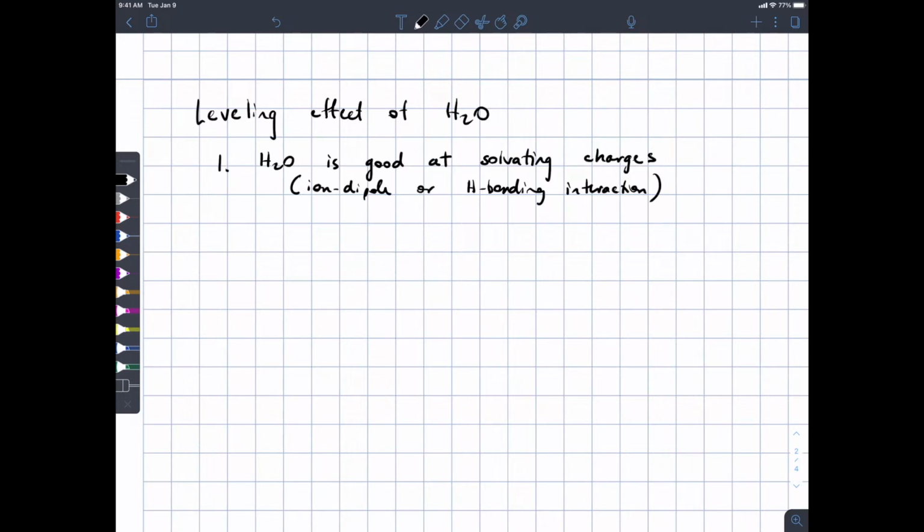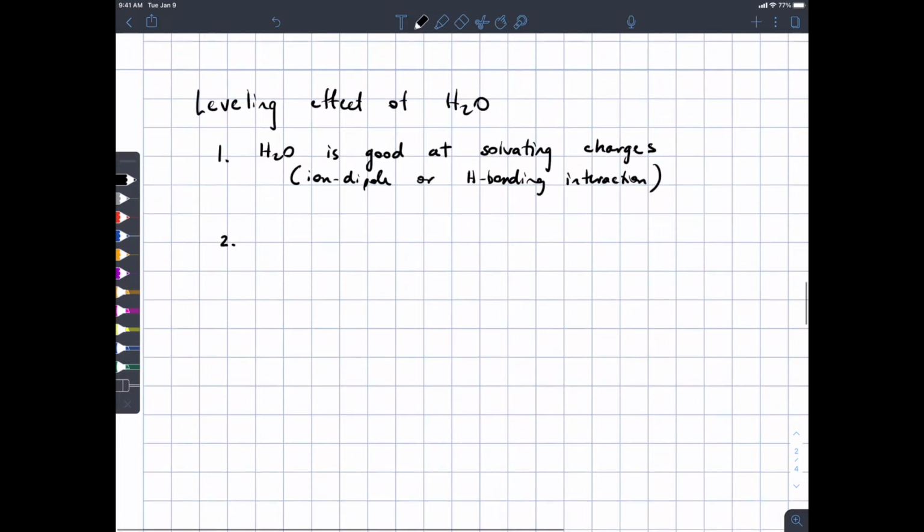This is why table salt dissolves in water, as we've already talked about. But what that means is that water may be better at stabilizing the conjugate base of an acid than another organic solvent would be. Second, water itself can be both an acid and a base.